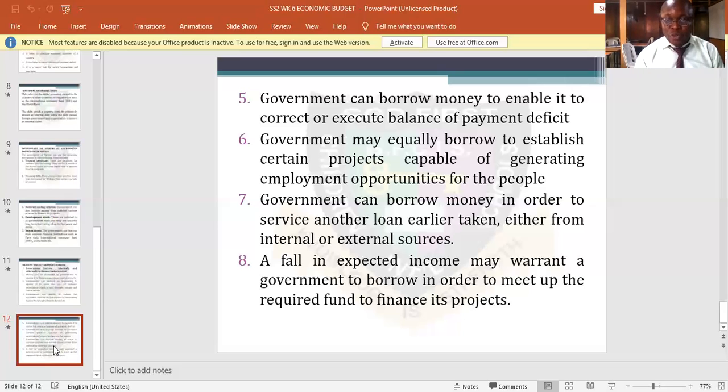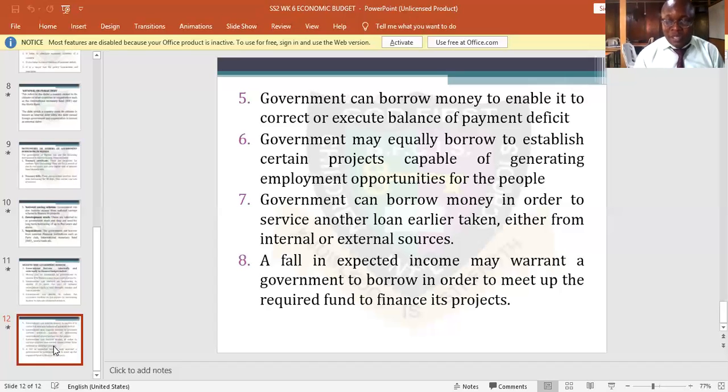So government can also borrow money to set up many industries for the youth that are just coming from the National Youth Service, NYSC. So government can do that.